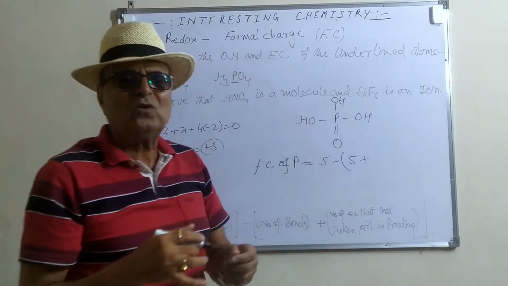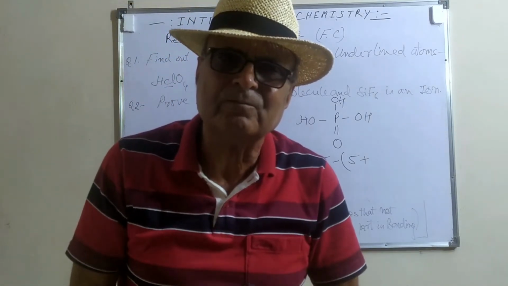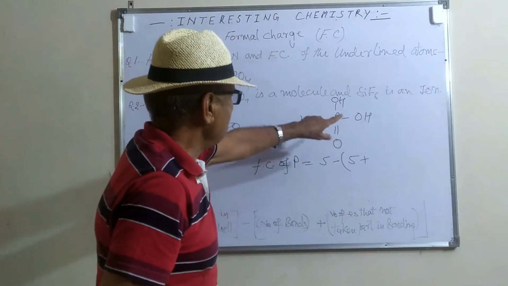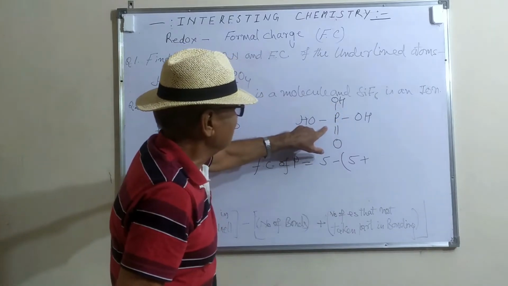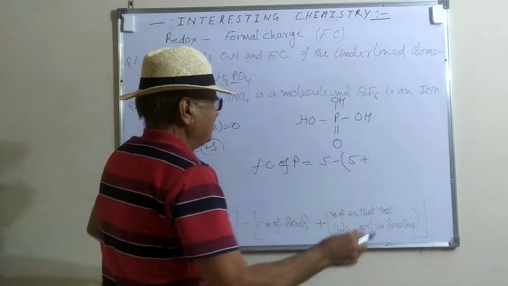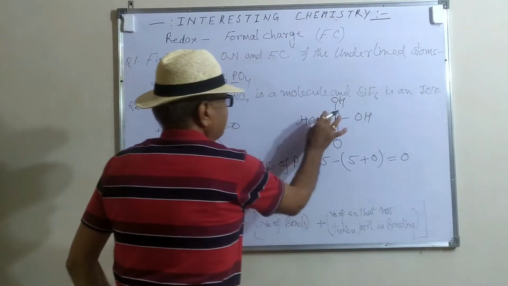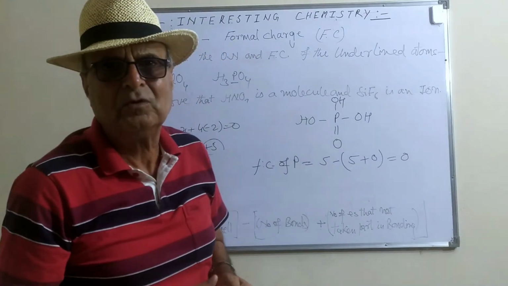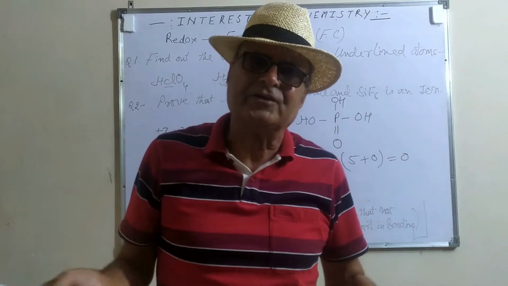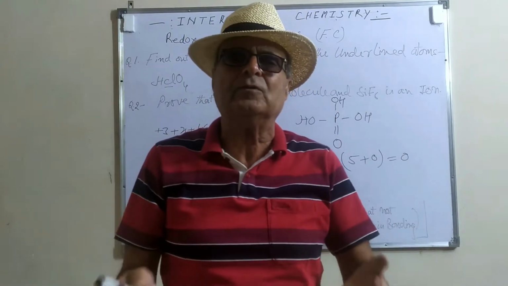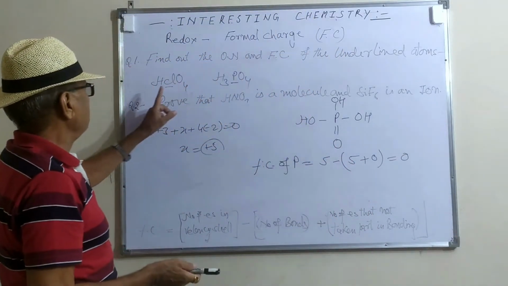Is there any electron around phosphorus that has not taken part in the bonding? No, because all the electrons have been utilized in forming the bonds. So here you can write 0. So the formal charge of the phosphorus in this compound is 0. In this way, you can find the formal charge of any atom in any compound. Now I am coming to question number 2.